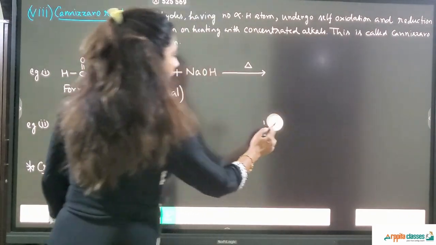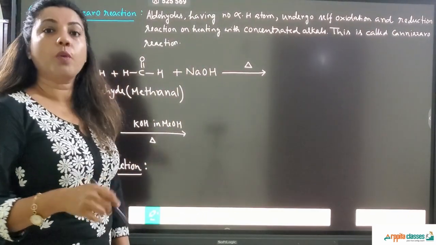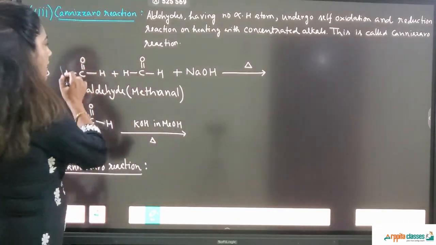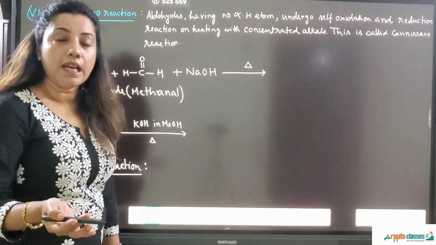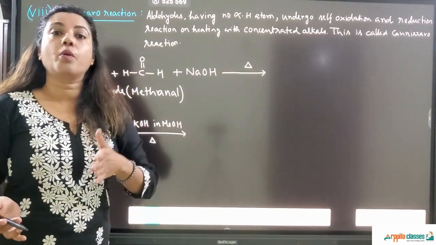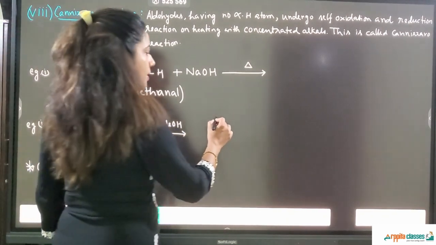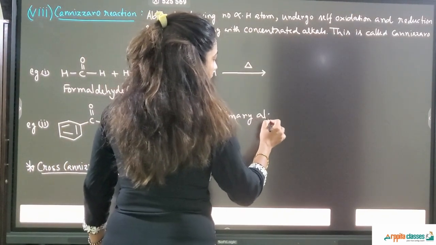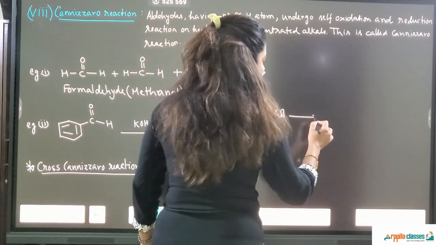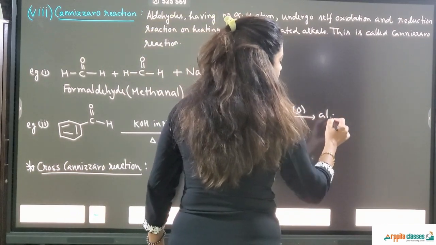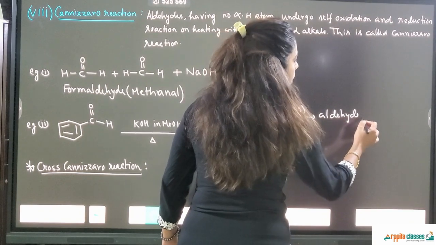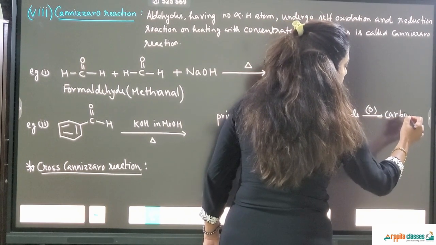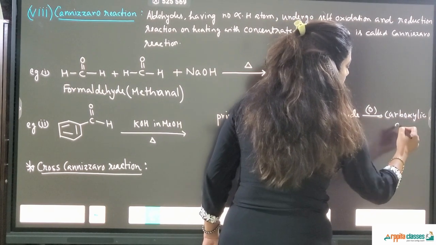Now here, if aldehyde gets oxidized, what do we get? We get carboxylic acid, okay. So one molecule will get oxidized to give you carboxylic acid, and when aldehyde gets reduced, what do we get? We get primary alcohol. So if you remember this chain, primary alcohol on oxidation gives you aldehyde, and aldehyde on oxidation gives you carboxylic acid, okay.